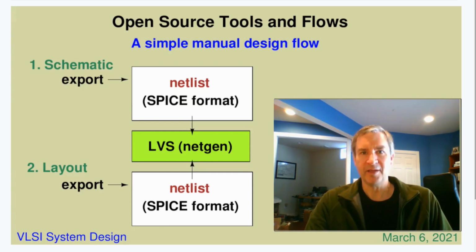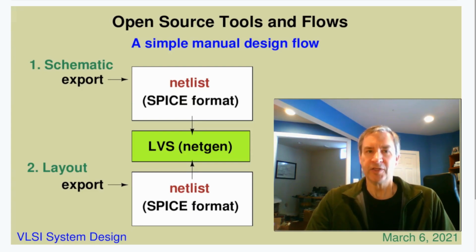If not, then we have to analyze the result of the LVS tool and determine what went wrong, fix it, and repeat until the LVS tool says that the two netlists match. So apart from completely glossing over any details having to do with the electrical design, that's the complete flow from schematic to verified layout.